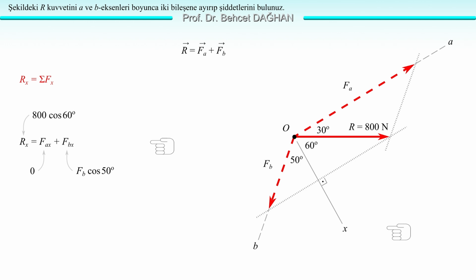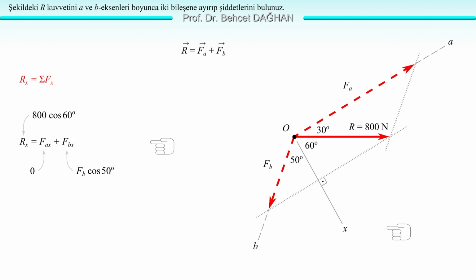The projection of R, the angle between them is 60 degrees, 800 times cosine 60. Fax is 0, because we chose the x-axis perpendicular to Fa. Fbx is Fb times cosine 50 degrees. So here, the projection of R is equal to the x-component of Fb, Fa has no x-component.